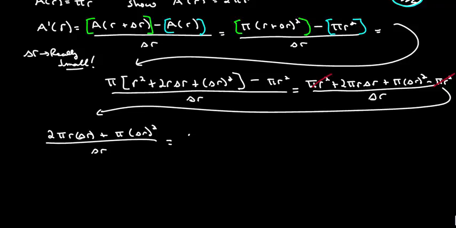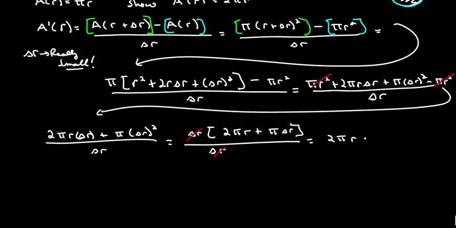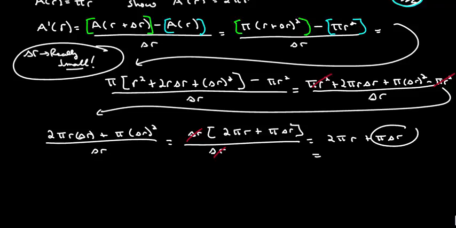And so if we factor out a delta r, on the top we have just 2 pi r plus pi delta r, over delta r. These can cancel, and we're left with 2 pi r plus pi delta r. Now, as delta r becomes really small, this term goes away, because pi times something super small becomes super small.